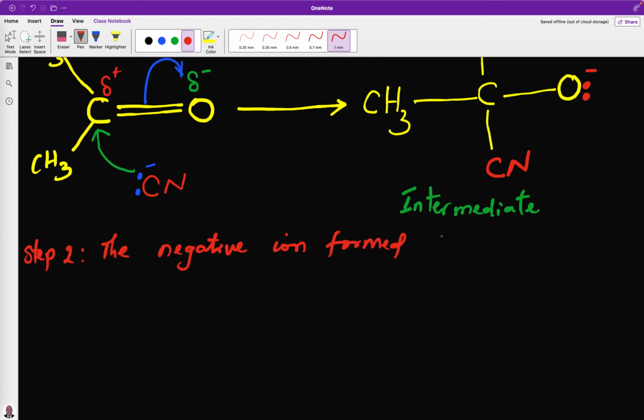The negative ion formed then picks up a hydrogen ion from the solution.